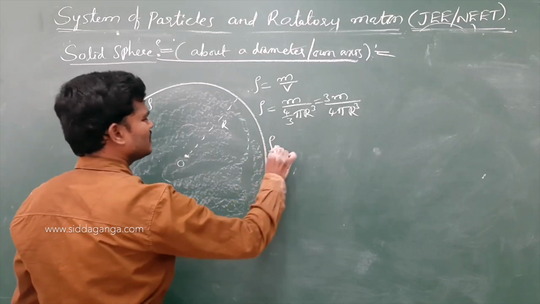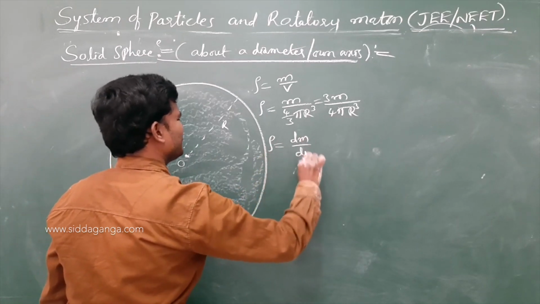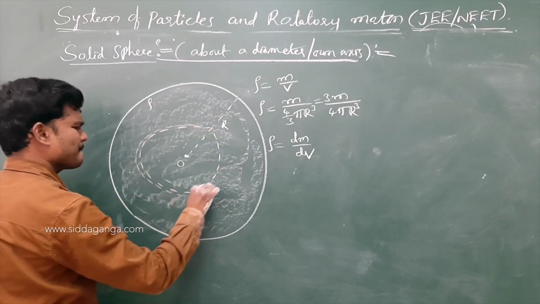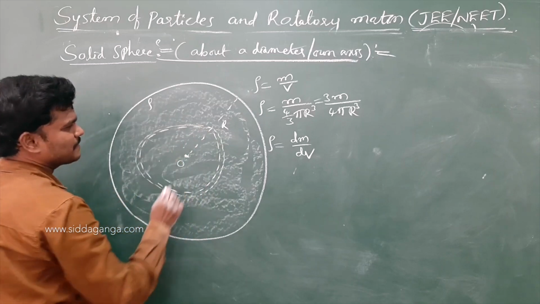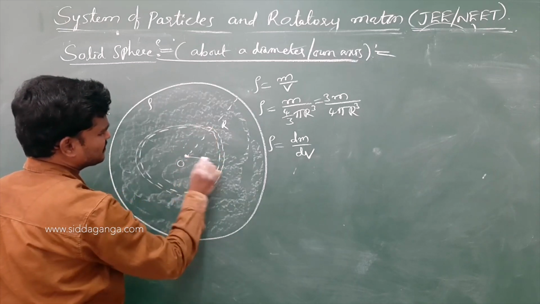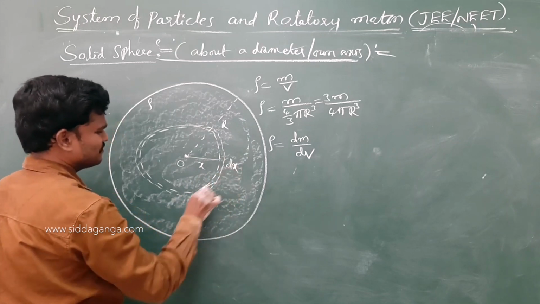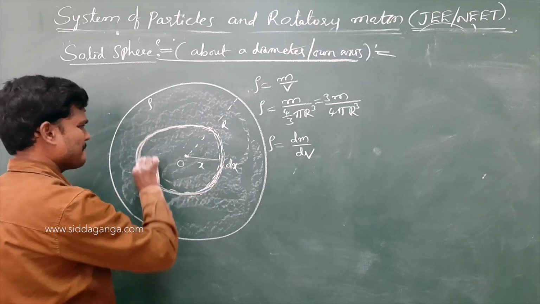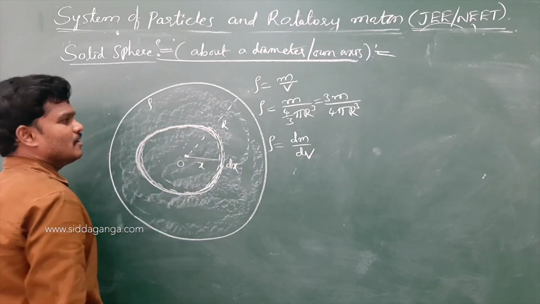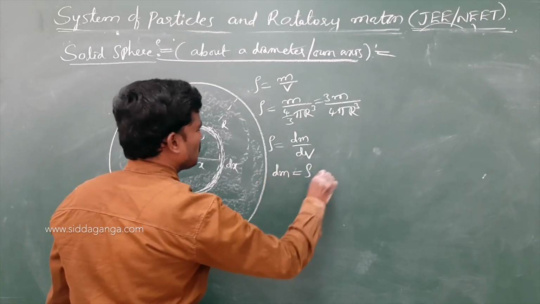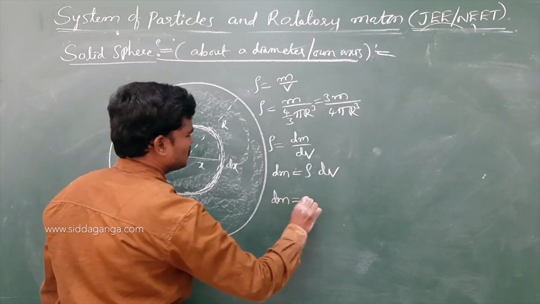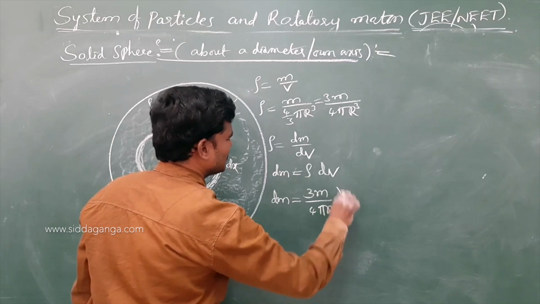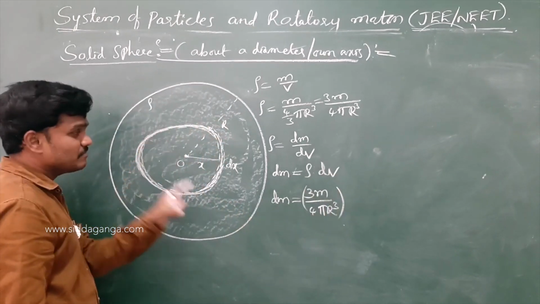I am going to take some small part like this, at a distance of something x, with thickness dx. So dm is equal to rho dv, that is 3m by 4 pi r cube times dv.